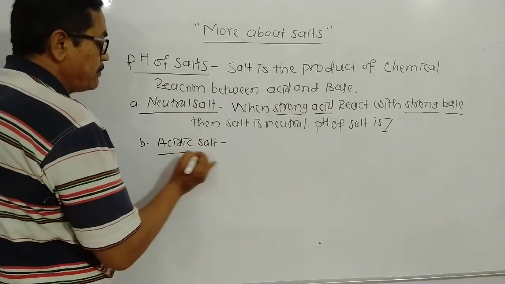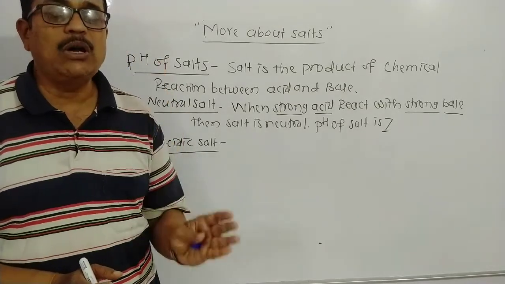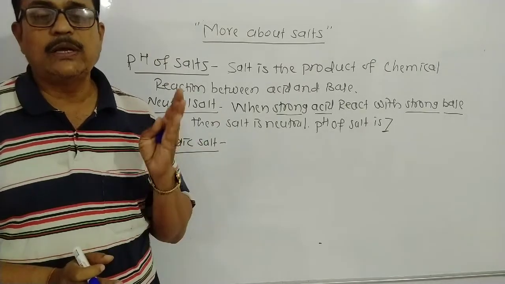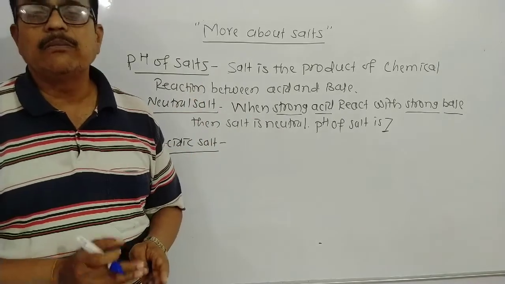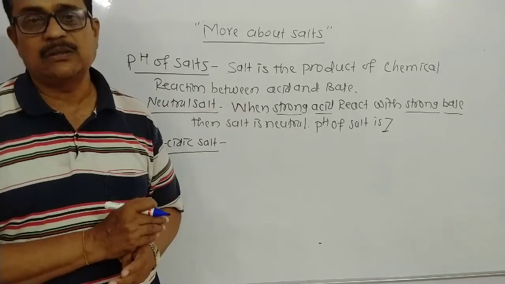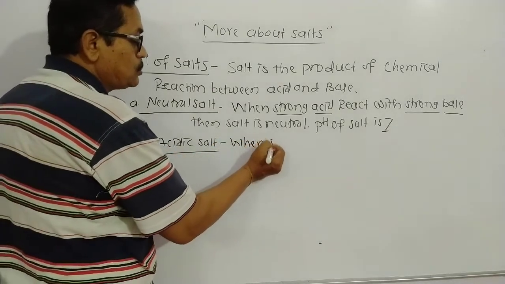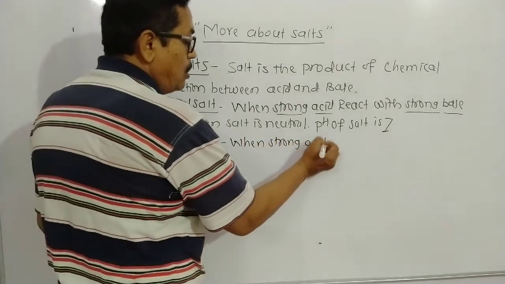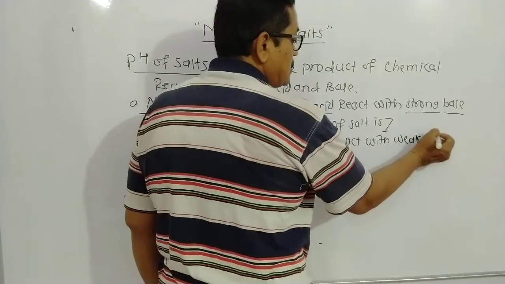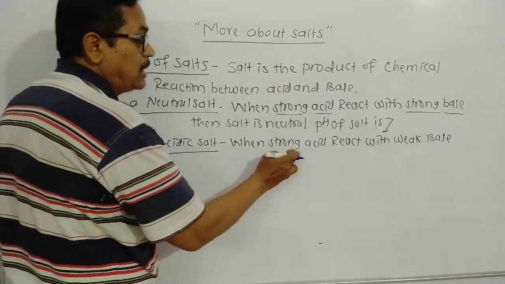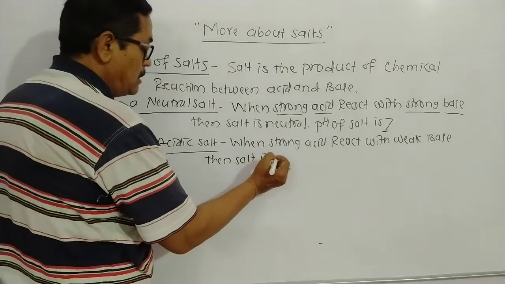The salt is acidic when a strong acid reacts with a weak base, because it totally depends upon the strength of the acid. When a strong acid reacts with a weak base, then the salt is acidic.